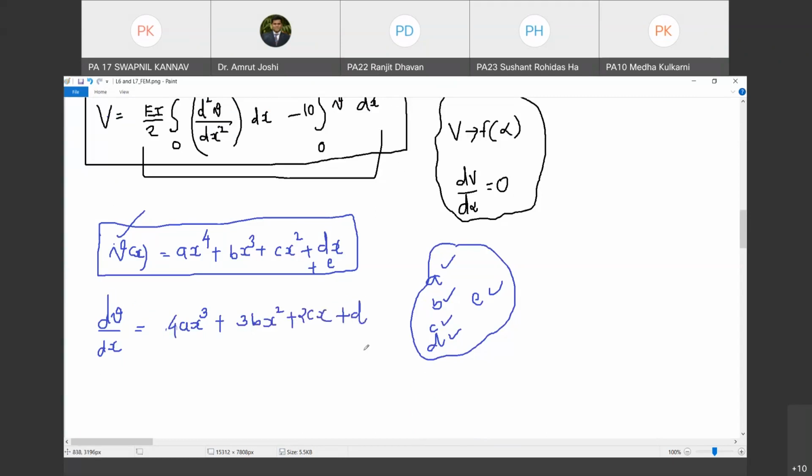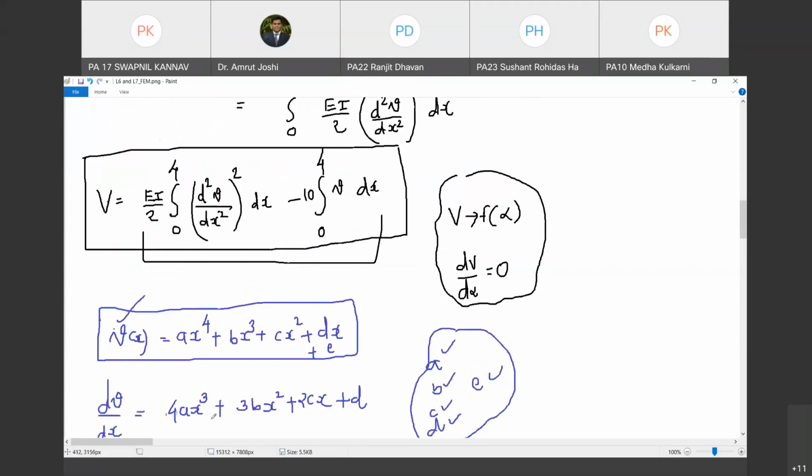That's all. Do you agree with me? Yes, sir. What is the value of d square v by dx square? Yeah, tell me. 12a x square plus 6b x plus 2c. That's all, right? Yes, sir.